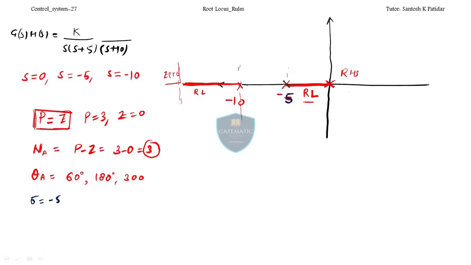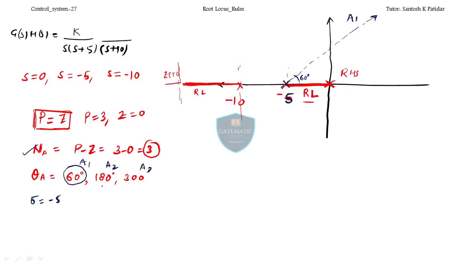Okay friends, now how many asymptotes do you have? 3 asymptotes. The first asymptote will go at an angle of 60 degrees. Here it's a 60 degree angle, and this line will go to infinity. Asymptote means it's going to infinity. This is asymptote 1, let's call it A1. Now the second asymptote, this is A1, this is A2 and A3.